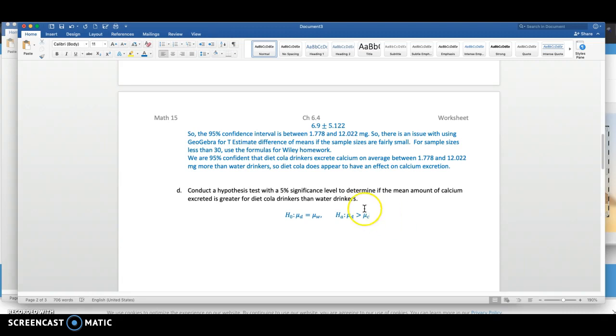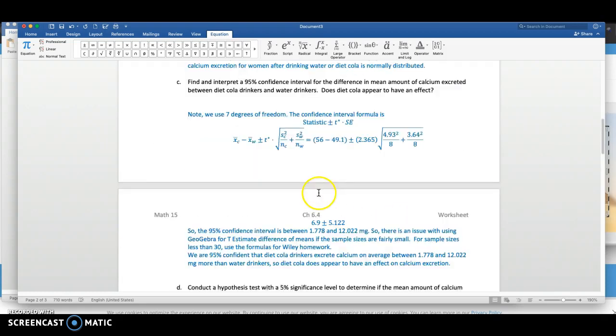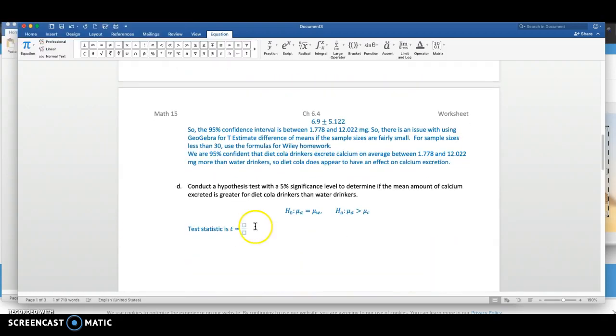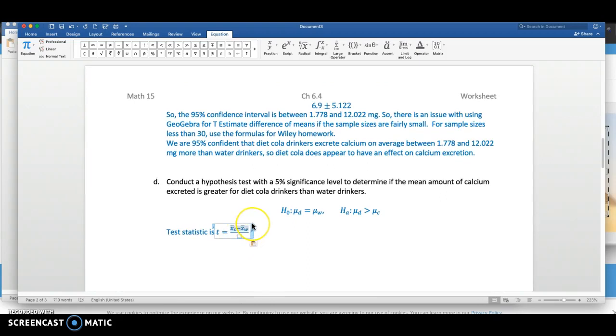All right, so I want to figure out the test statistic. T equals, I'm going to pull this out, the difference between the sample means of the two groups minus the null, which is 0, assuming no difference, and then divided by the standard error.